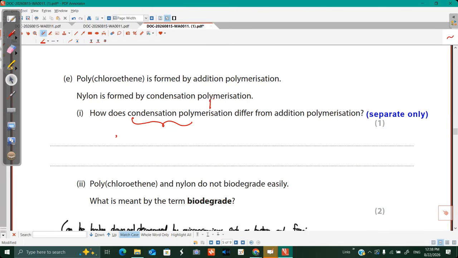Water or even HCl can be released. And the other thing is the monomers: two different monomers can be used, or the same monomer. Addition polymerization can happen with the same and different monomers too.